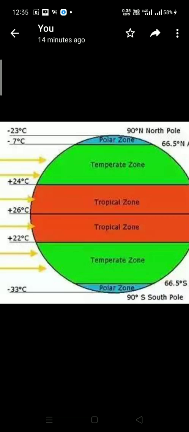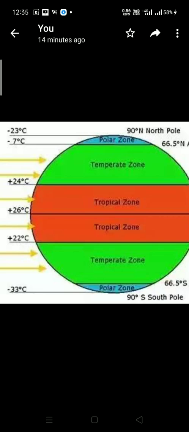So those green color areas are known as which zone? They are known as temperate zone. The green color area in the north is called north temperate zone, and the green color area in the south is called south temperate zone.